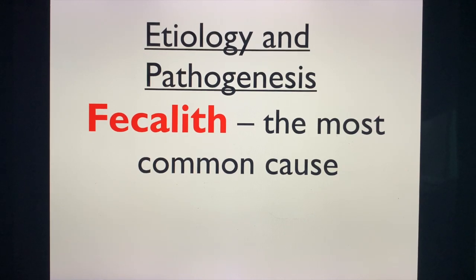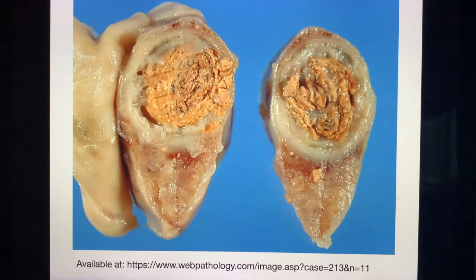Parasites, such as Enterobius as well as Ascaris, can also cause appendicitis. Tumors can also cause appendicitis. So the fecalith. Now here is a borrowed picture of your fecalith. So here, right there in the middle, the fecalith.